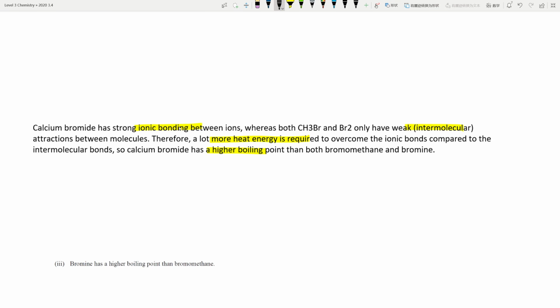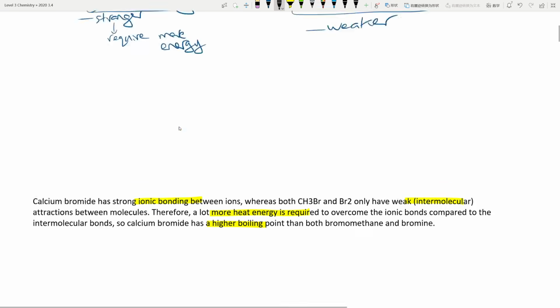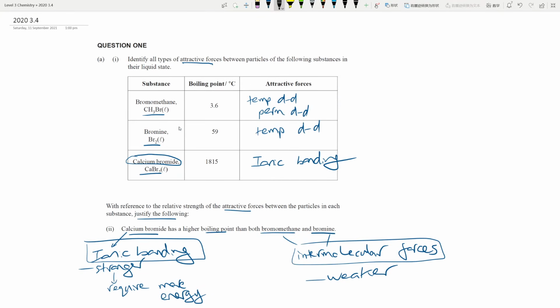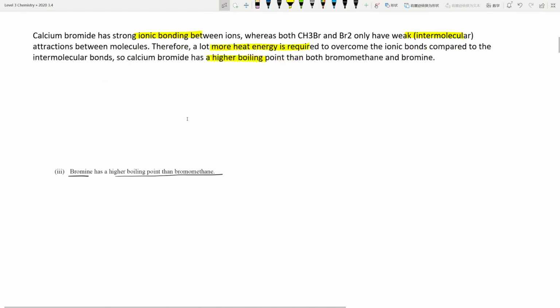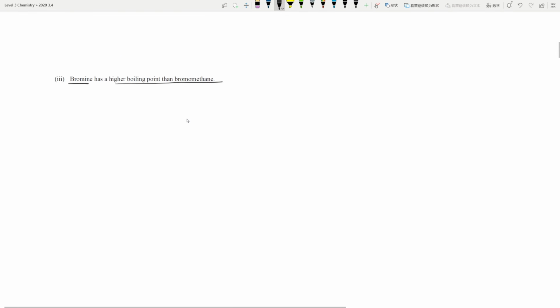All right, next one: bromine has a higher boiling point than bromomethane. So let's go back up here. Bromine, 59.3 or 3.6. Okay, so Br2. They're saying Br2 has a larger boiling point than CH3Br, and why is that?